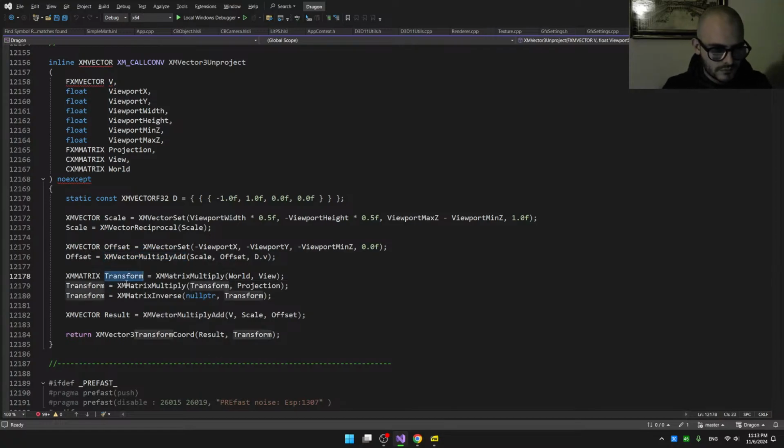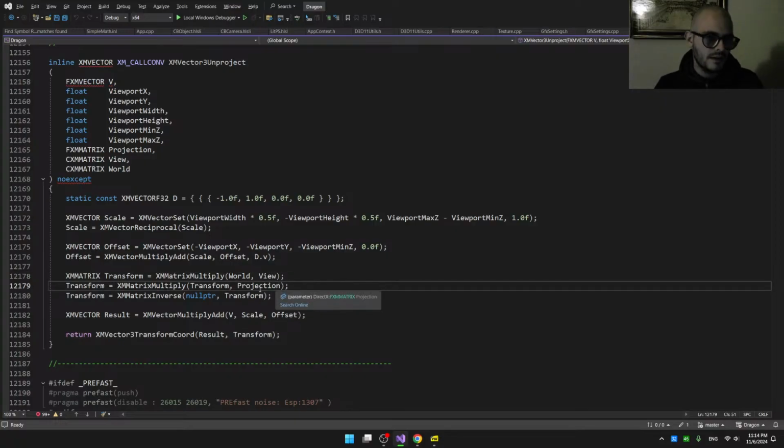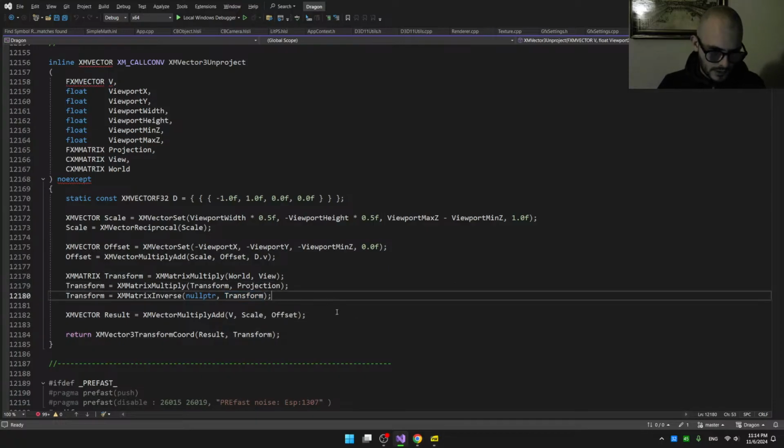To be honest, here the transform is just the inverse. We take the world, view and projection, multiply these three, and take the inverse. So perfect here.